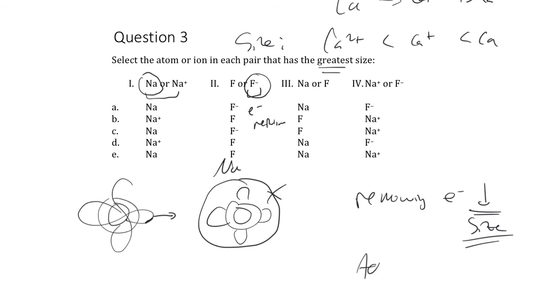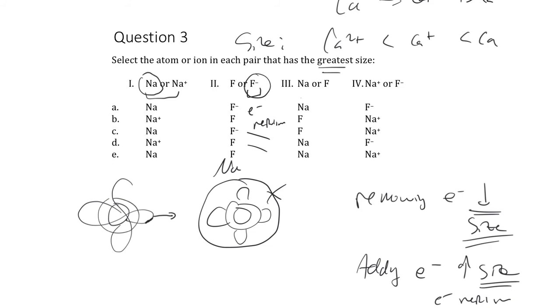So adding electrons increases size due to electron repulsions. So we're decreasing size due to either decreased electron repulsion or just getting rid of our bigger orbitals from being used, like sodium plus just lost that 3s orbital, so definitely a decrease in size. So F minus is bigger than F.